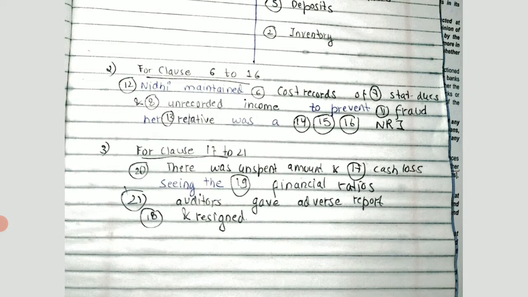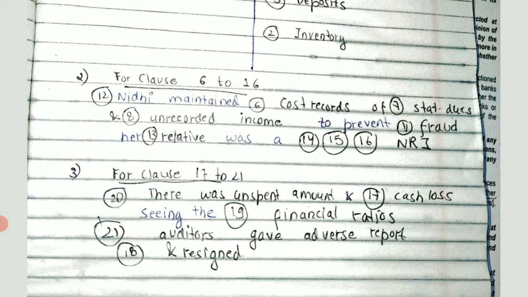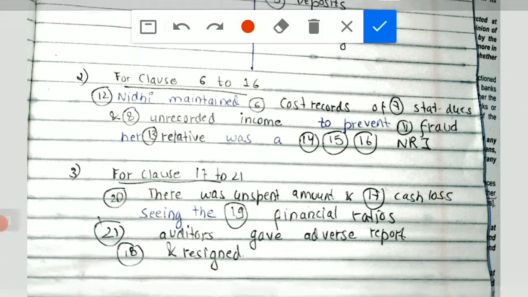Then the second memory technique will be about clause number 6 to 16. So what is it? It is about a girl whose name is Nidhi. Now this is one story. There's one girl, Nidhi, and she is working in a company. What does she do? She maintains cost records of statutory dues and unrecorded income.